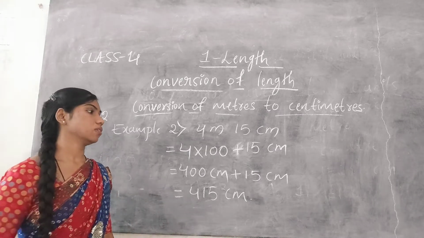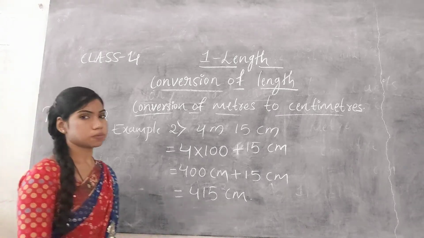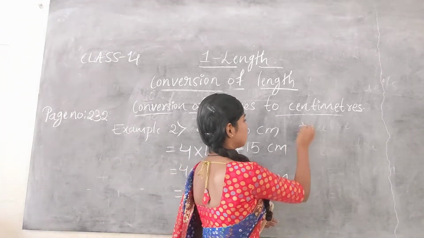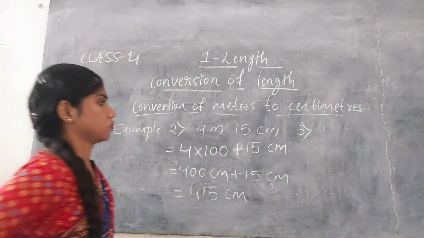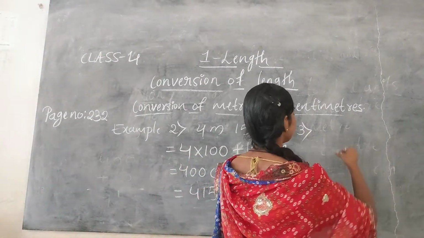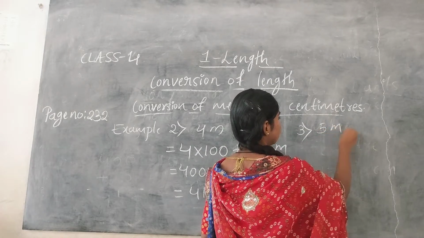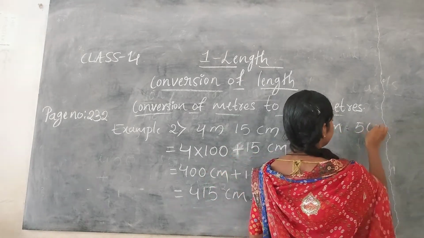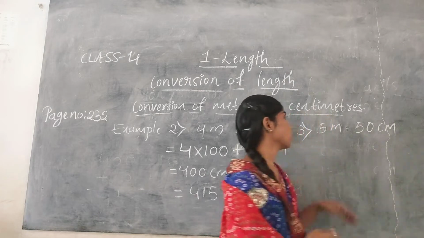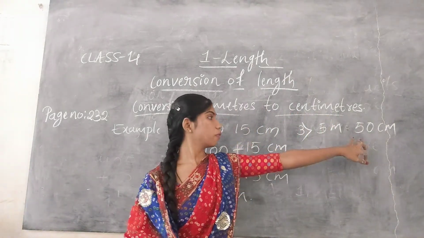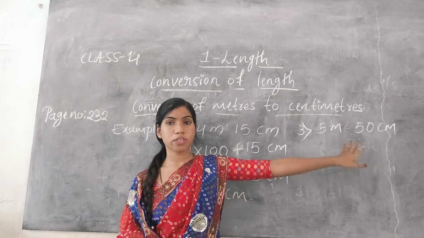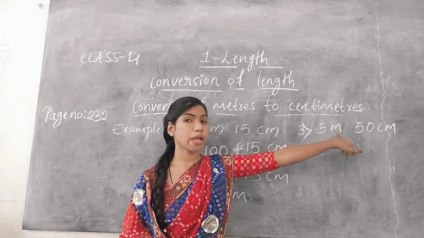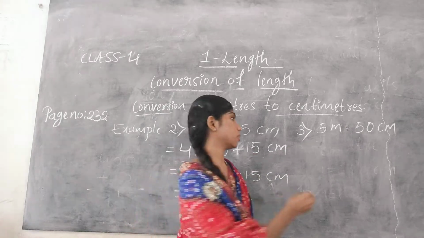Okay. And take one more example here. Example number 3. So 5 meter 50 centimeter. First, what can we do here? Convert the 5 meter into centimeter.